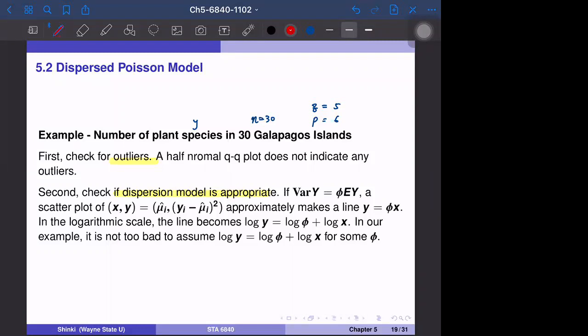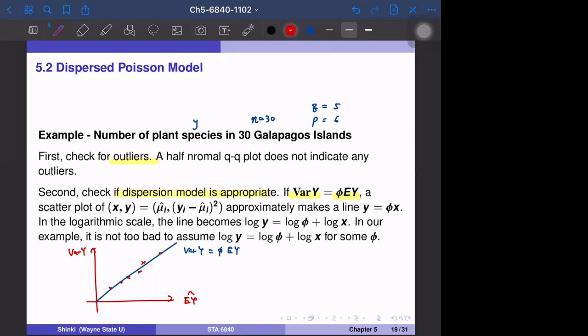If the dispersion model is true, even though the distribution is not clear, the variance of y is equal to phi times EY. So if we plot the estimated expectation of y and the estimated variance of y, they should be on the same line with the positive slope phi.